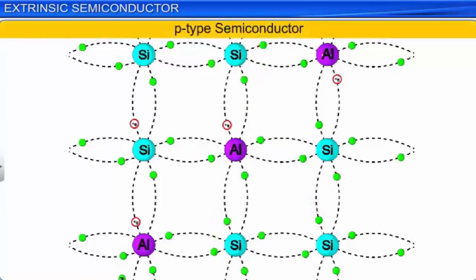In spite of having the number of holes Nh greater than the number of free electrons Ne, the p-type semiconductor crystal remains neutral, as the charge of the additional charge carriers is equal and opposite to that of the ionized cores in the lattice.